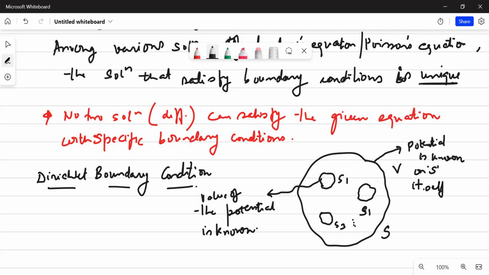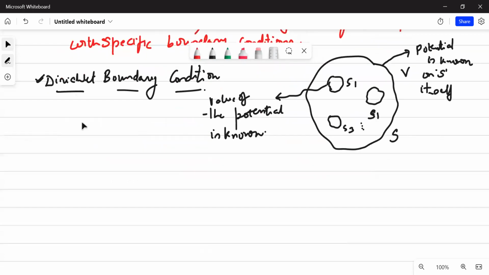This kind of boundary condition is referred to as the Dirichlet boundary condition. I'm just giving you some definitions. Now, if instead of potential we are supplied with the electric field, these conditions are known by the name Neumann's boundary condition.